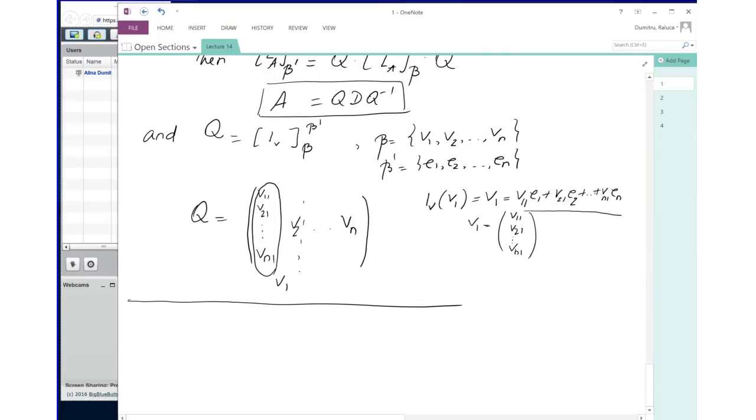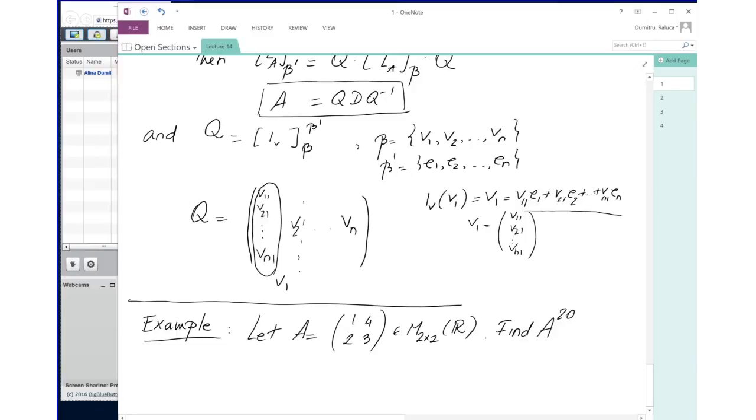So for example, let A be the following 2 by 2 matrix over R. Find A to the power 2000, or any other number you choose, which in computational matrix analysis might be something that you'll need.